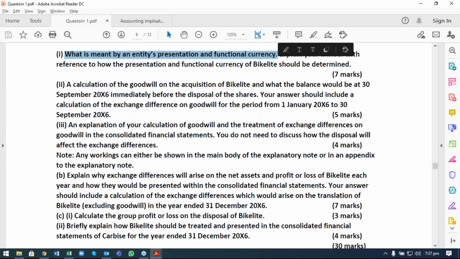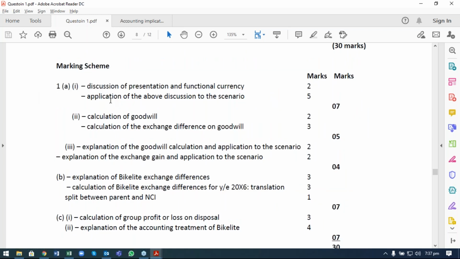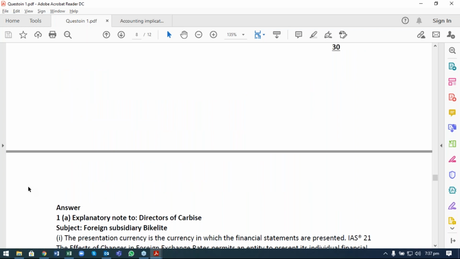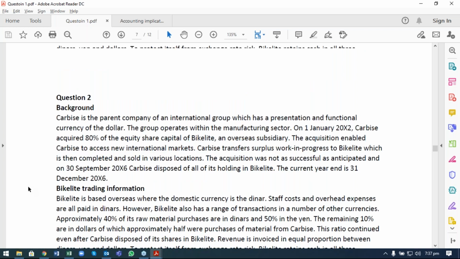The examiner has assigned 2 marks to discussion of presentation and functional currency, so you might lose 2 marks if you do not discuss what presentation and functional currency actually mean, right? So we need to answer the requirement in the way the examiner asks the question. This will give you a better insight into how to answer the question. So now I'm going to look at the answer. This answer is explanatory notes.